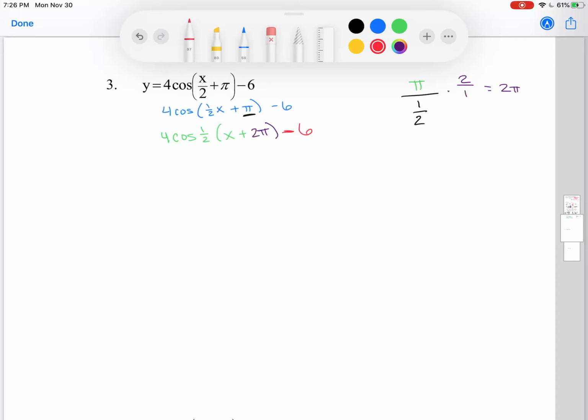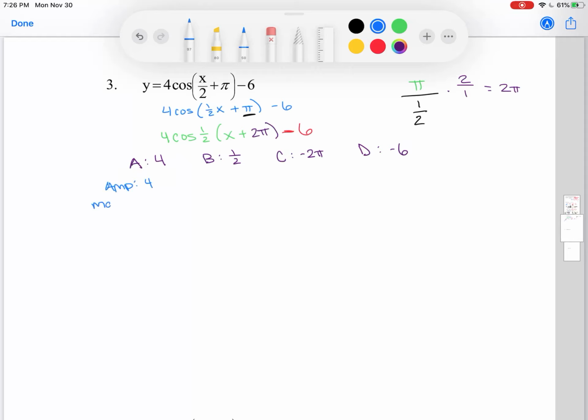Now that we have my b value factored out, let's go ahead and label all 4 things. My a is 4, b is going to be 1 over 2. C is always opposite. Don't forget that. C is going to be negative 2 pi. And last but not least, D will be negative 6. Think about how this plays a role.